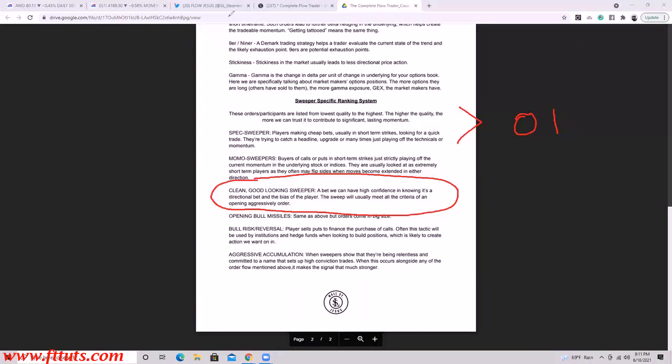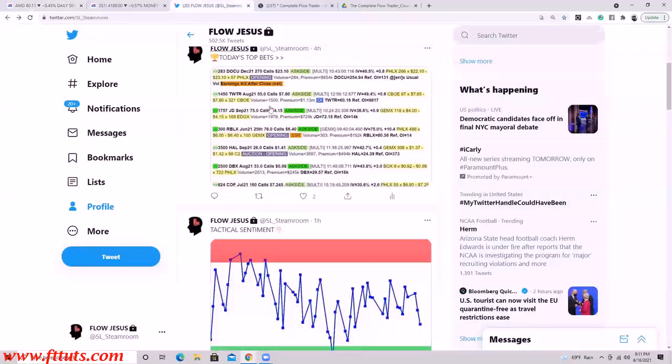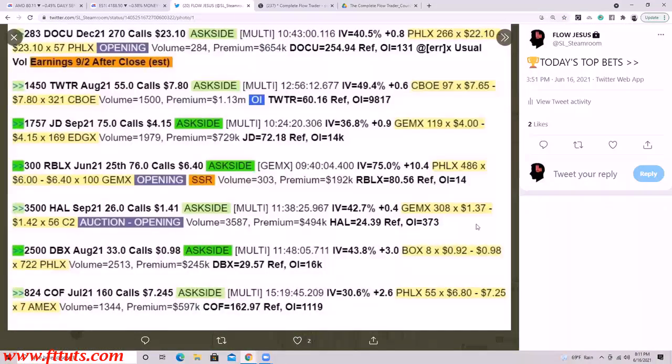And it will be labeled opening. So if you wanted to be 100% sure that it was a clean buyer or seller, actually, just a clean order, again, you don't have to check open interest. You will see this and hear me post or mention opening.